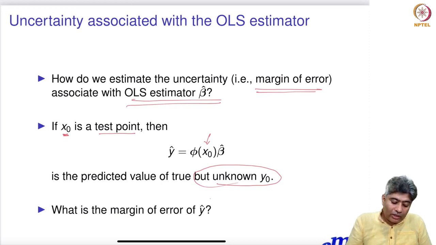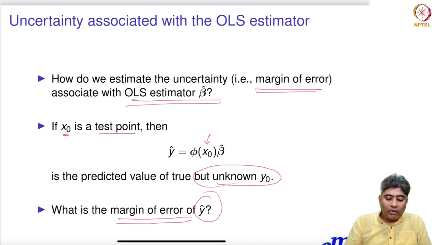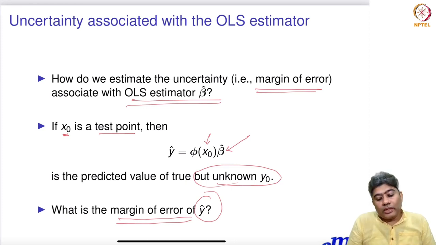So what is the margin of error of y hat? Can we say anything about the margin of error of y hat? If we have some idea about the beta hat, if we can say something about the beta hat, then only will we be able to say something about the y hat.